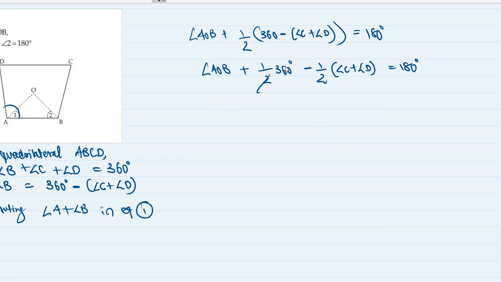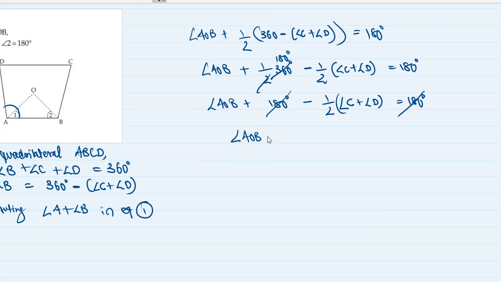So this will be 180 degree. Okay, so angle AOB plus 180 degree minus half of angle C plus angle D is equal to 180 degree. 180 gets cut from both the sides.